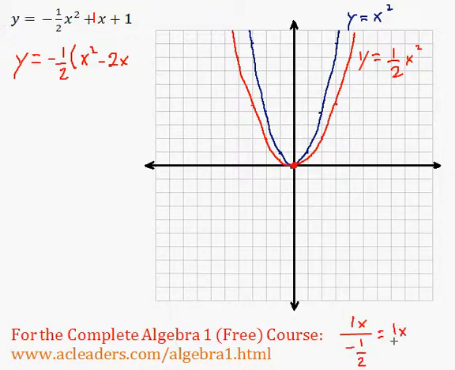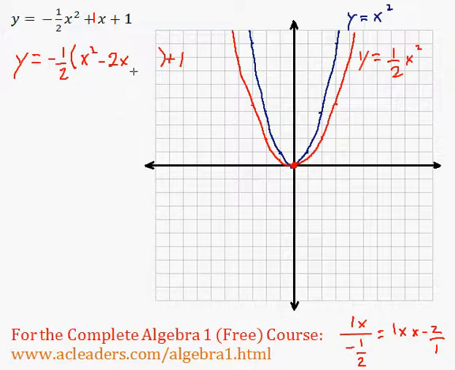Alright, so now I can add a number that will complete the square. So I'll take negative 2 divided by 2, which is negative 1, and I'll square it. Negative 1 squared is positive 1. So add a 1 and I'll take it away. Alright, so over here we have negative half times x squared minus 2x plus 1. The 1 is still outside, and I can take this negative 1 outside also.